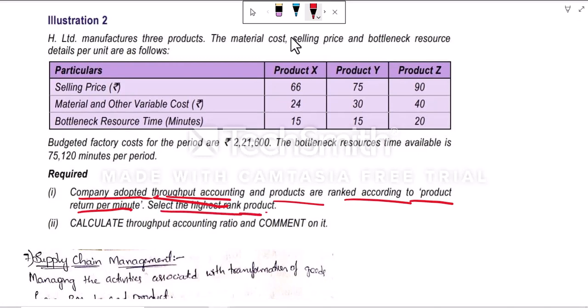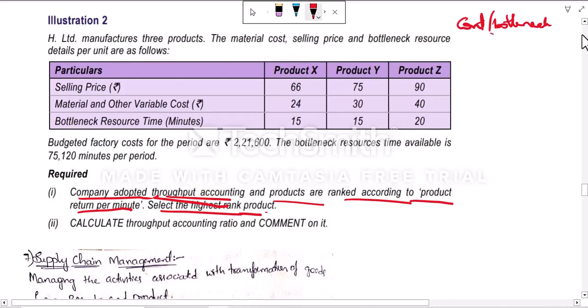Select the highest ranked product. So I said we should calculate contribution per bottleneck. We calculate this to find which is giving the highest contribution, so that we can produce that product first in priority. He is also asking for the same, the highest ranked product. What should we calculate? Contribution per bottleneck.